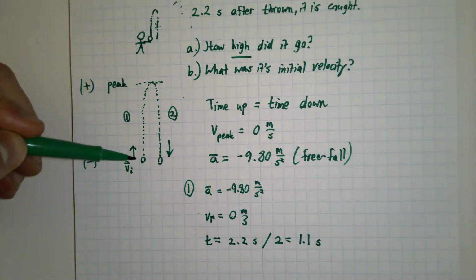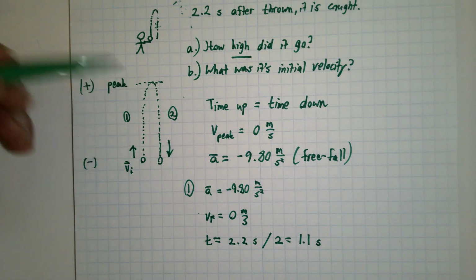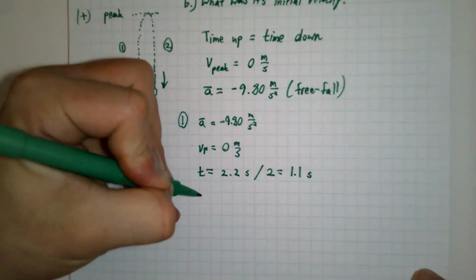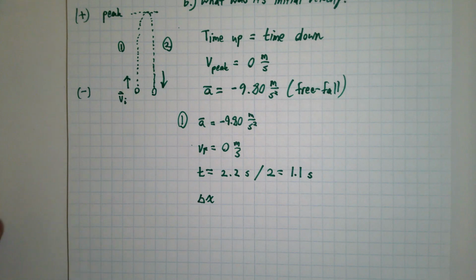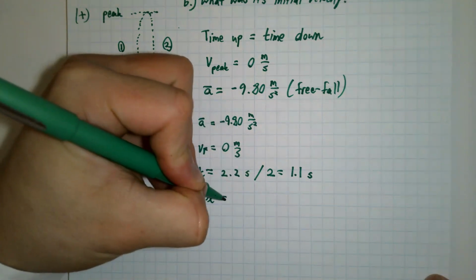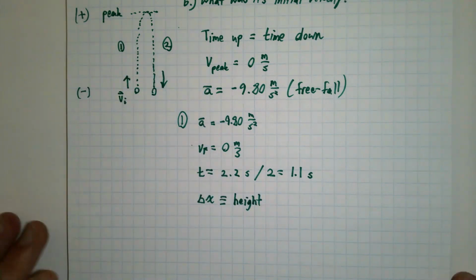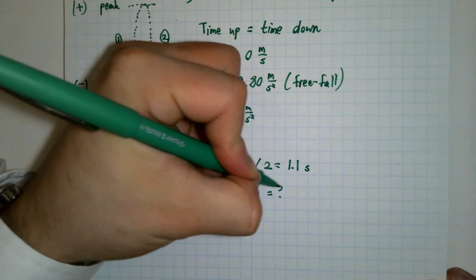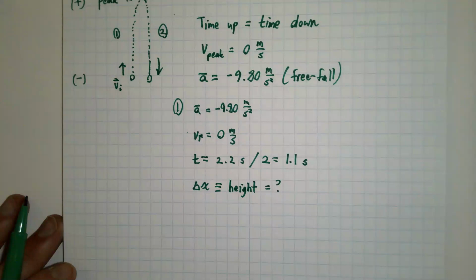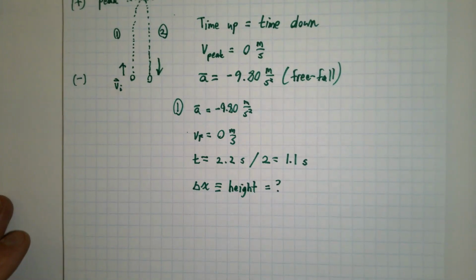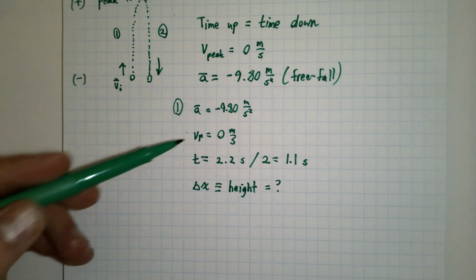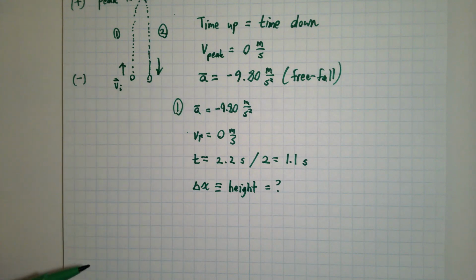It displaced from an initial position to a final position. So we're asked to find that displacement. That displacement is equivalent to the height that it reached. This is our unknown quantity. So we need a kinematics equation that can relate acceleration, final velocity, time, and height.